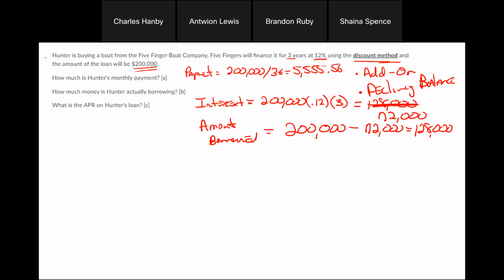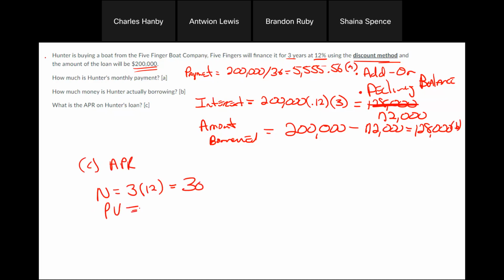So just to be clear, this is A, this is B, and then the C, the APR. I'm going to use our calculator. So N is 3 years monthly, so 3 times 12, that's 36.